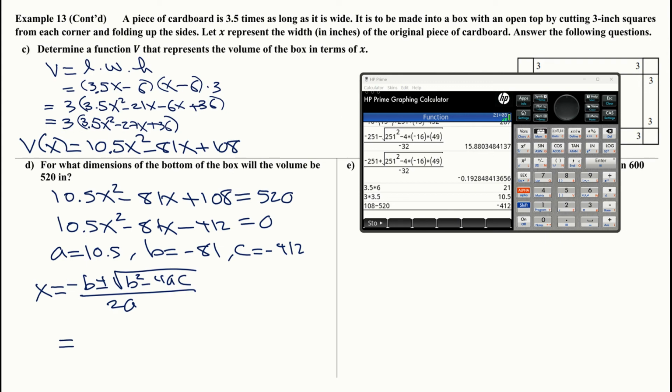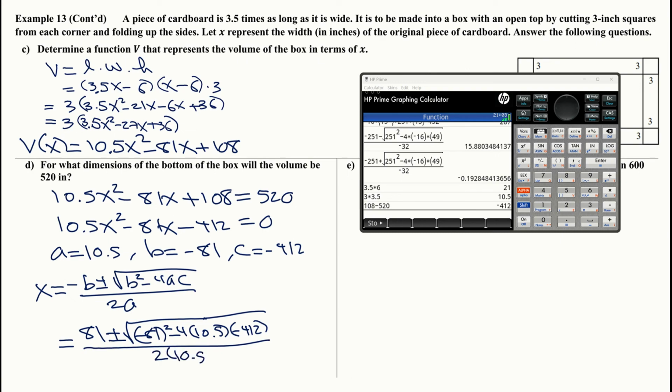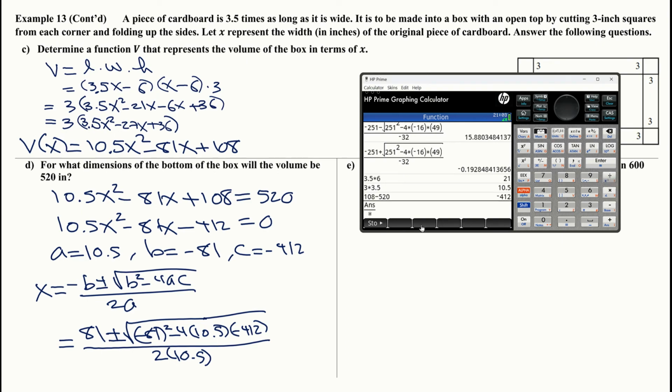So we get the opposite of B, that's going to be the opposite of negative 81, so it's 81, plus or minus square root of B squared, so quantity negative 81 squared minus 4 times 10.5 times negative 412, all over 2 times 10.5. So let's go ahead and enter it as we see it. Remember, I start with that, and then I go to make sure I get rid of that A and S on the top.